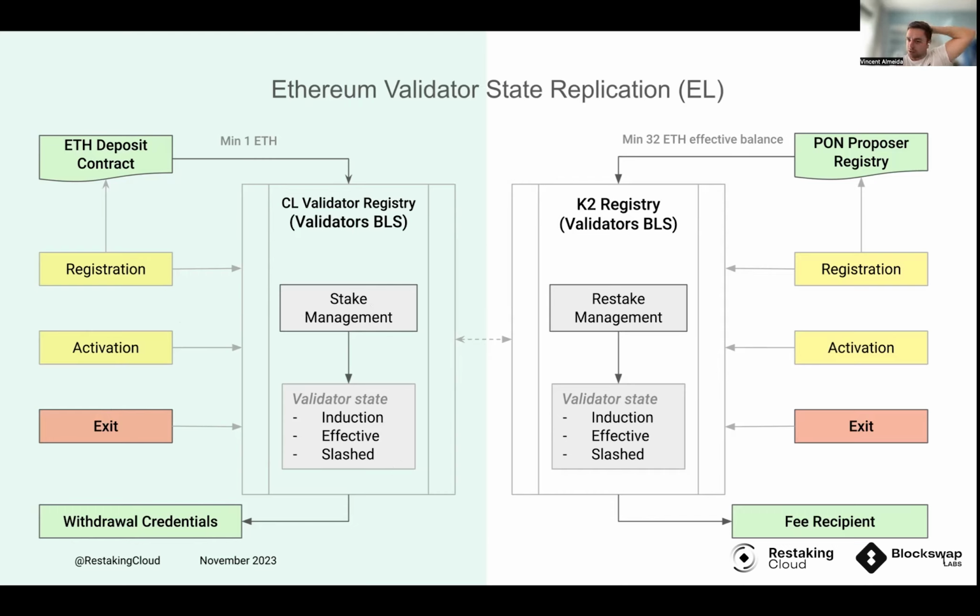So in a similar fashion, we do the reverse with K2, but we're leveraging the proposer registry. The proposer registry is a smart contract on the Ethereum execution layer that tracks active consensus layer validators with a minimum 32 ETH effective balance.